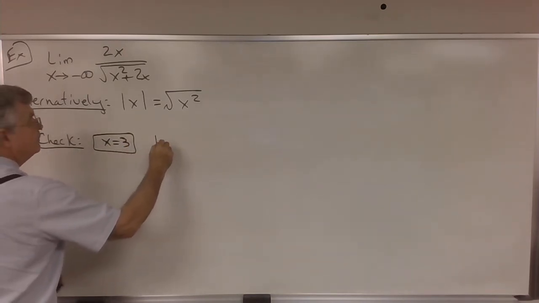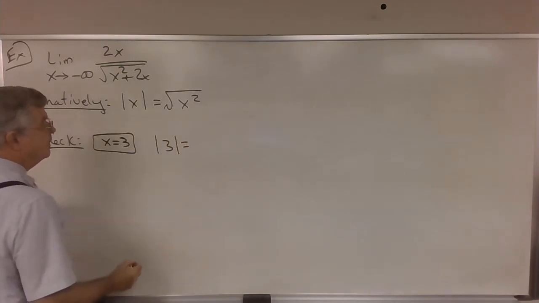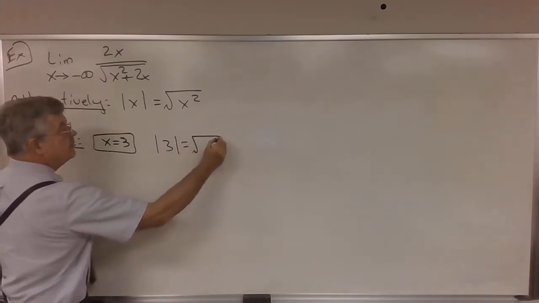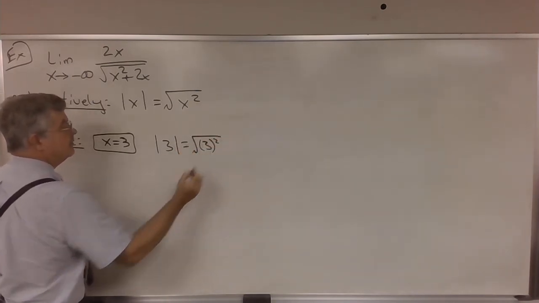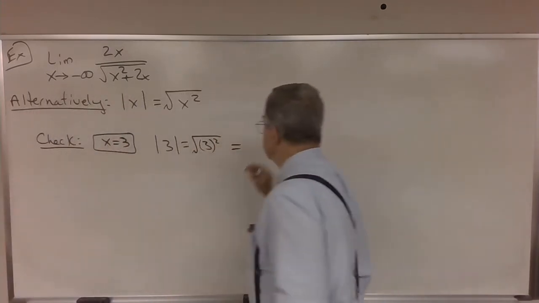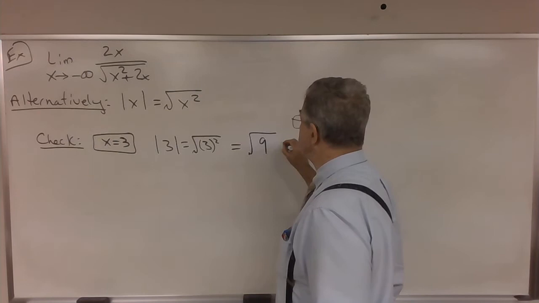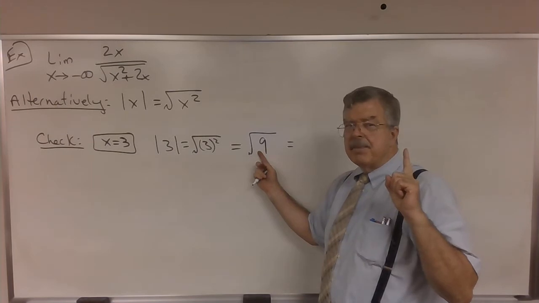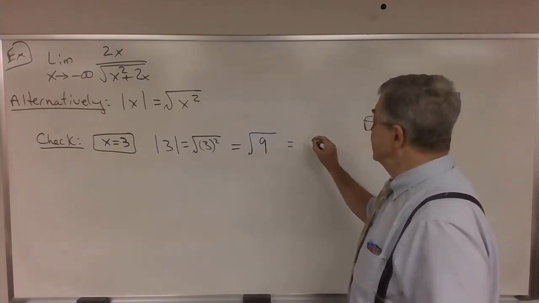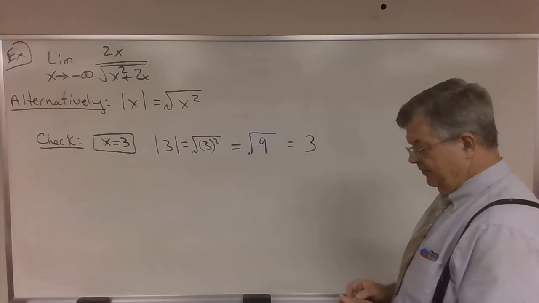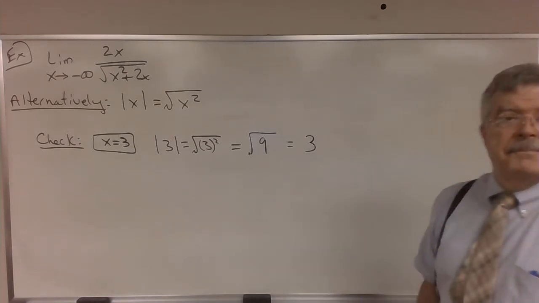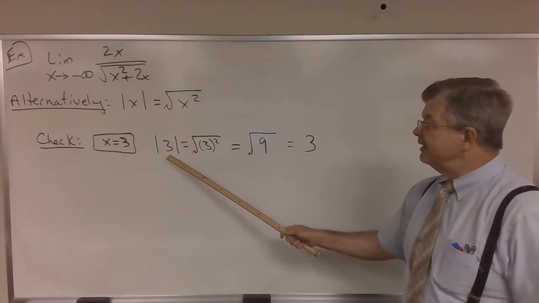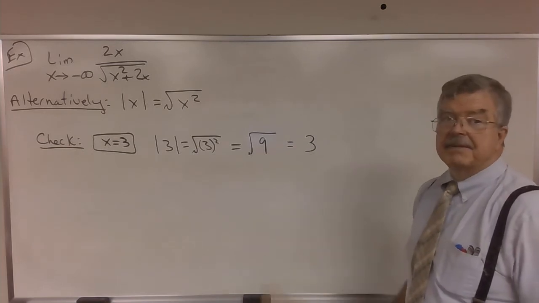And so the absolute value of 3, according to this definition, is the square root of 3 squared, and that's the square root of 9. And because the square root function only gives us the positive root by convention, this is going to be 3. So, this definition tells us that the absolute value of 3 is 3.